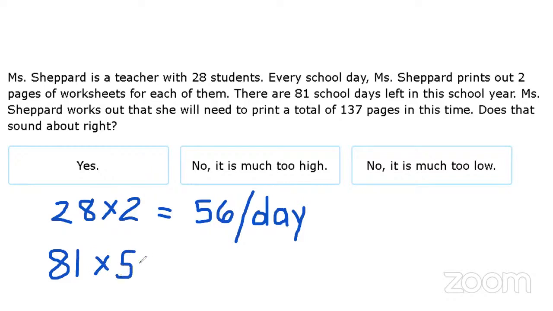Go ahead, do your calculation in the chat and tell me 81 multiplied by 56. That will tell us how many she will need for the rest of the school year. Do your calculation, and I want to see that in the chat.